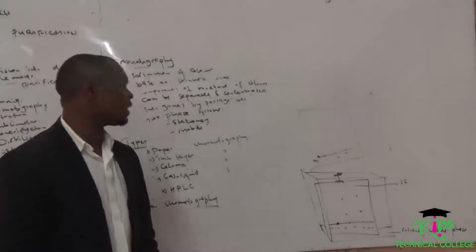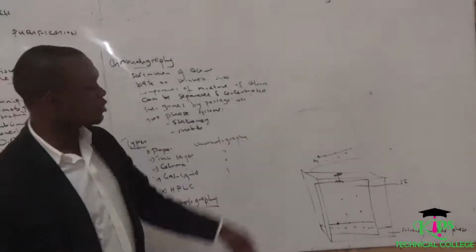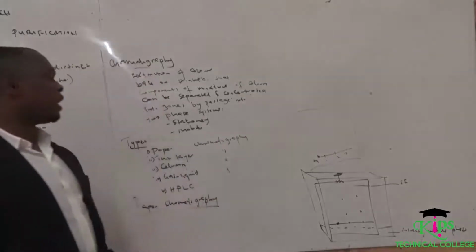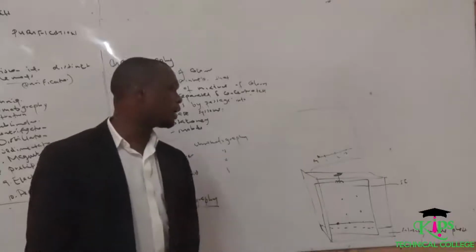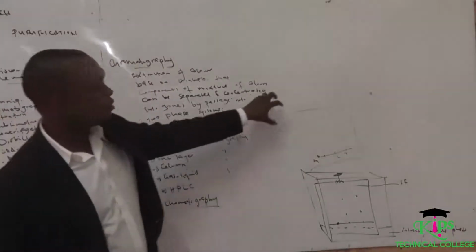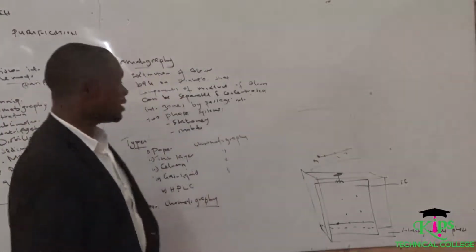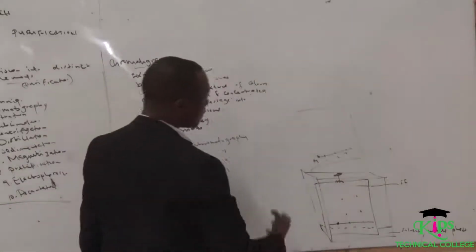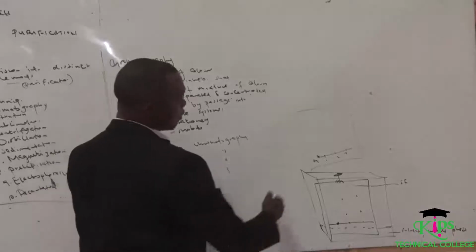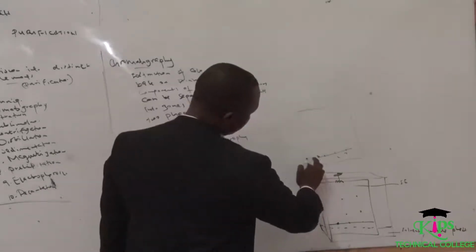You can carry out a simple experiment like this one. You can have a filter paper or absorbent paper. Then on this paper, you draw a line and place the ink.